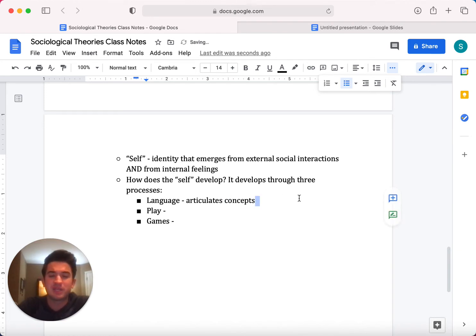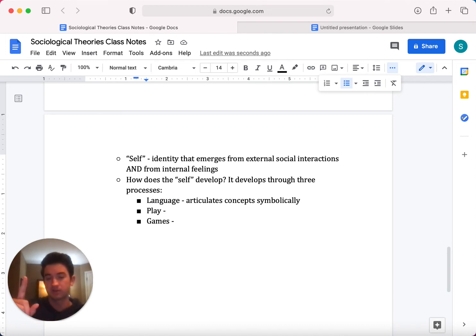It doesn't have to be an abstract concept, right? Computer isn't necessarily an abstract concept. We all just know what a computer is. When you hear the word, you think about a computer in your head, okay? Language articulates concepts symbolically, and the reason it's symbolic is because language is literally just a bunch of symbols. We're just using a bunch of symbols to represent and describe the things around us, okay? So the self can be developed through language.